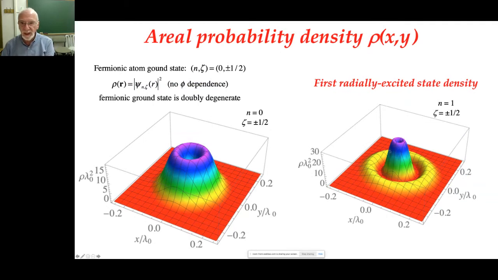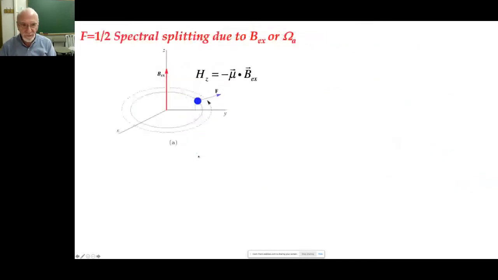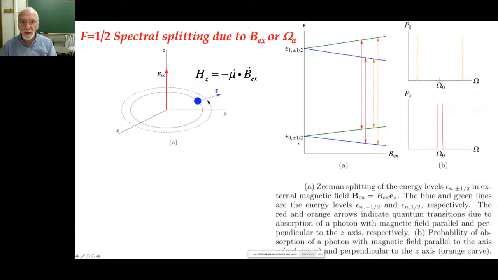It will also have this kind of symmetry, but will have an extra node. We're interested mostly in the ground state and the splitting of the ground state due to external fields. So in the presence of a magnetic field, these energies, this is the ground state energy, will split.